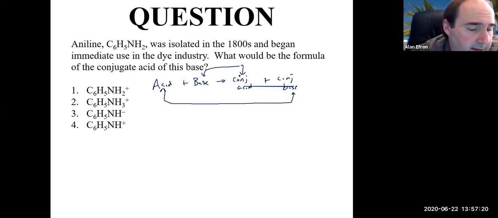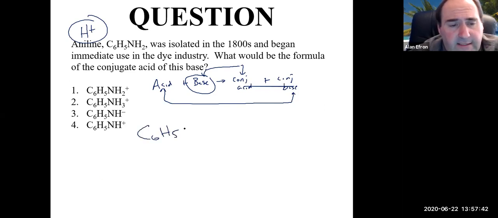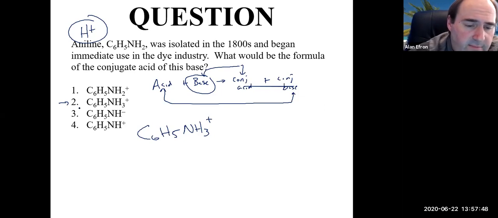What we are dealing with is a base, and the definition of a base is a proton acceptor, which means we need to put the H plus on. So really you should know that you're either going to take the H plus off or put it on. In this case, we would just put it on. So we would just go C6H5NH3 plus, which looks like number 2 here would be our answer.